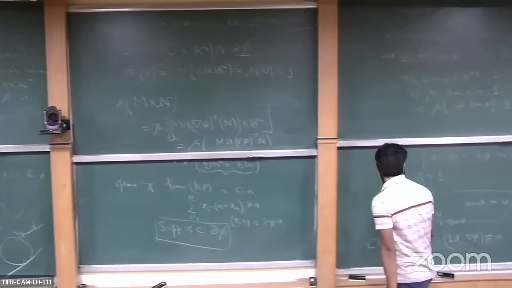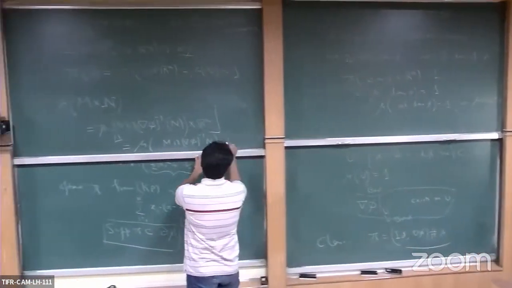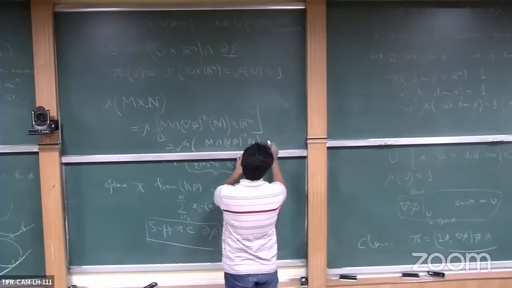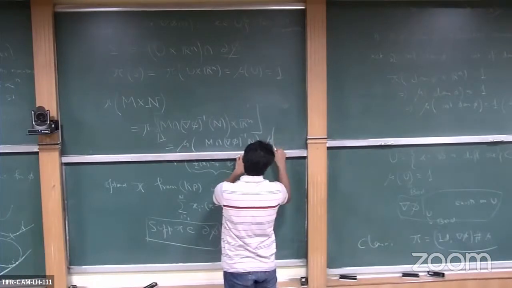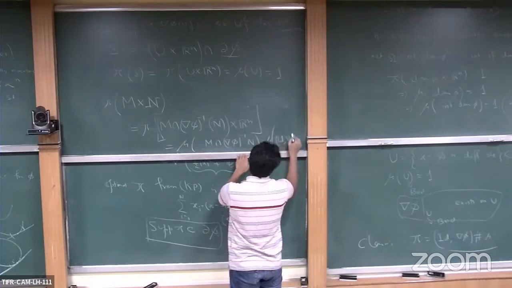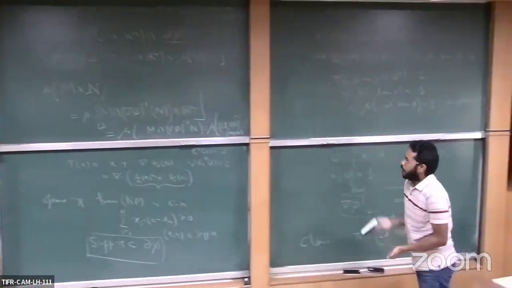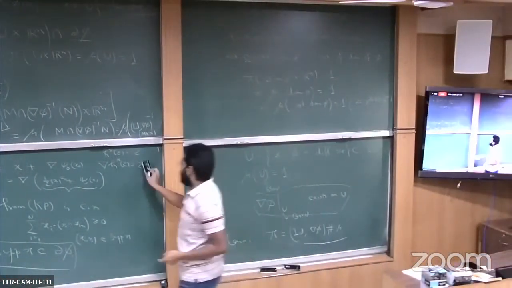And which is precisely this identity. Let me write this way: mu of M intersection gradient phi inverse of N cross N. Let's just set equalities.